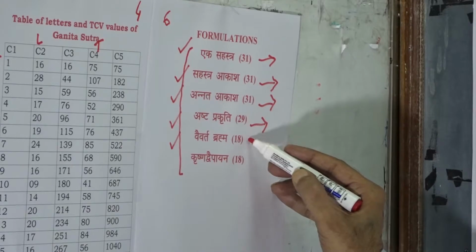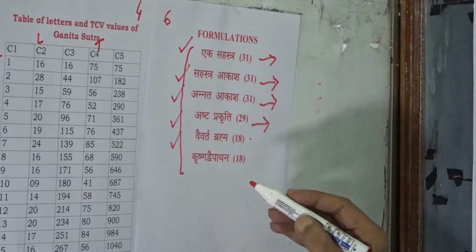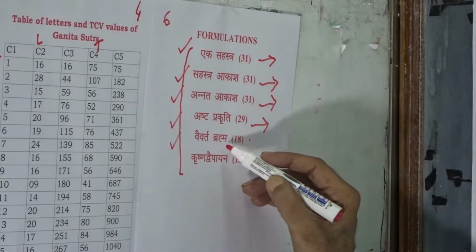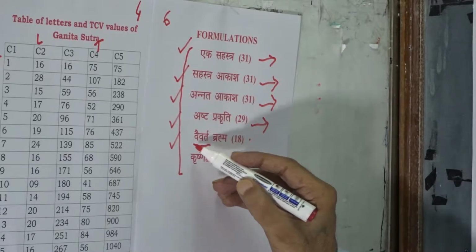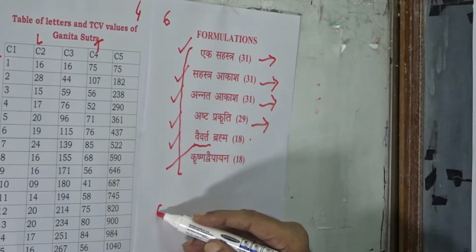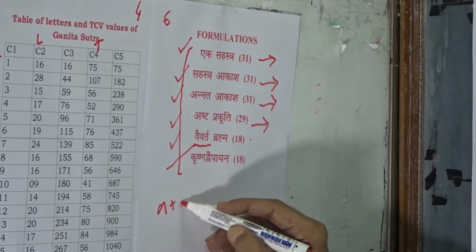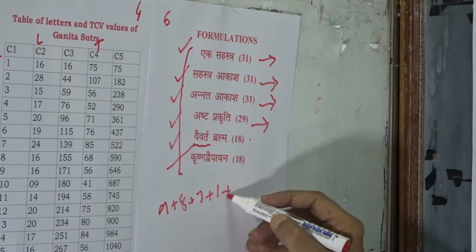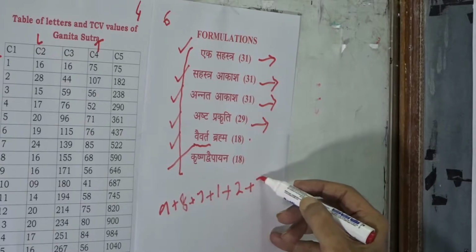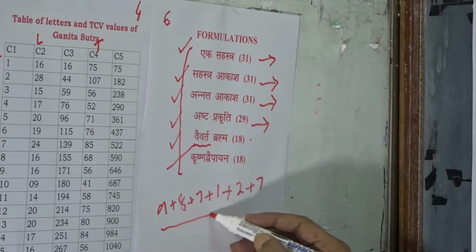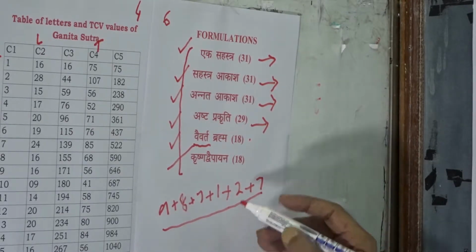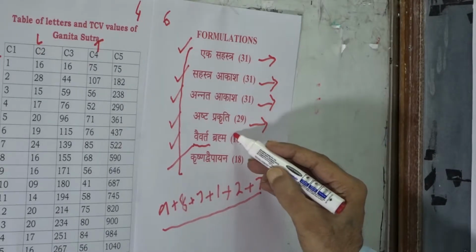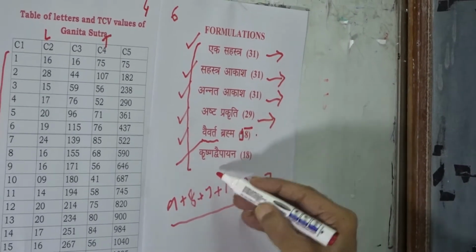Vyavrat Brahm leads us to value: this is Vyavrat, means 7 plus 8 plus 7 plus 1 plus 2 plus 7. This comes to be 30. So here comes the value 58.